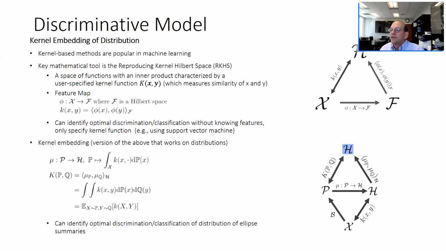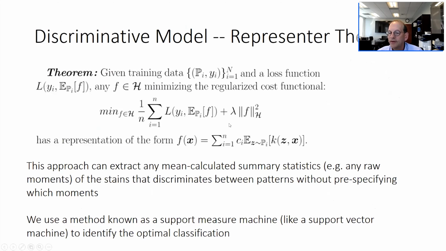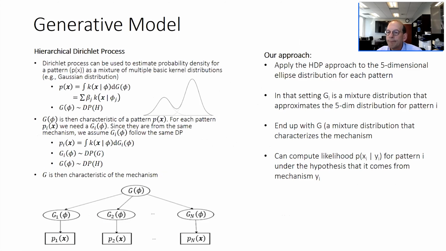We have a distribution of ellipses that we're calling X, and then another set of distributions, which is another X, in this case, Y. Okay, so that's, sorry, a very quick description. And this slide, I'm not even going to talk about at all, but it basically says, if you solve this optimization problem, you can do it, and you don't have to pre-specify anything other than give it the examples and a kernel function. So that's the discriminative approach.